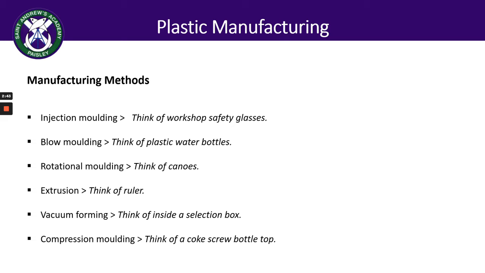For blow moulding, I would think of plastic water bottles. For rotational moulding, I would think of canoes or kayaks. For extrusion, I think of a ruler, any product that's got the same cross-sectional area throughout. For vacuum forming, think of the inside of a selection box. And for compression moulding, think of the top of a Coke bottle, the screw top of a Coke bottle.